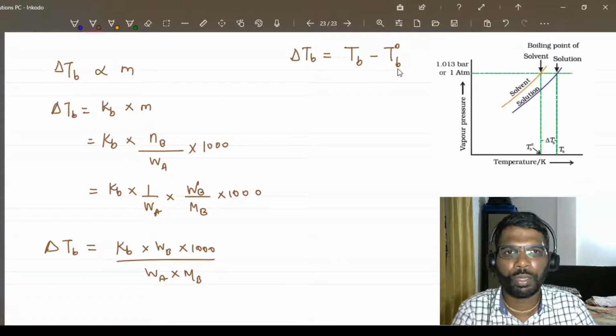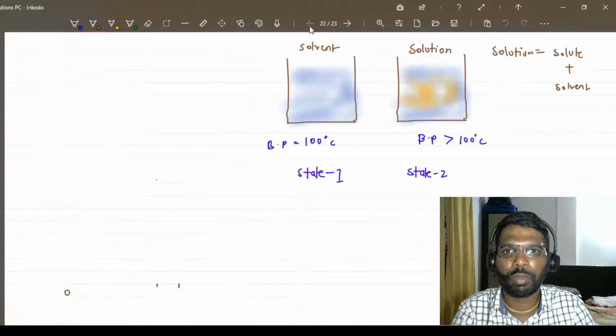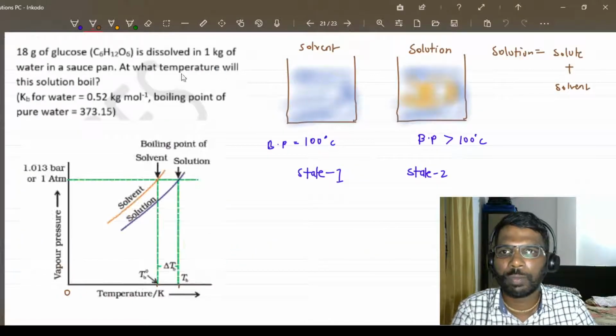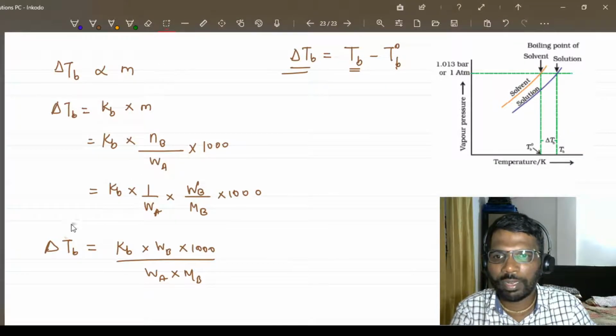If we get delta TB, then we get the boiling point of the solution, and that is what is asked in the problem: at what temperature will this solution boil. So we need to find delta TB, and I'll use this formula for delta TB.